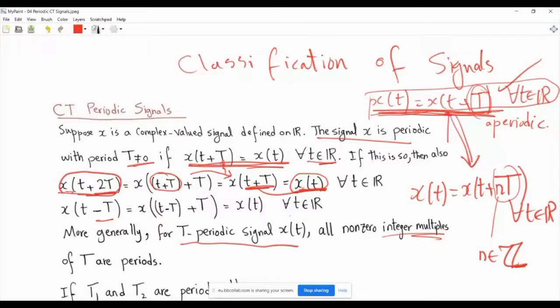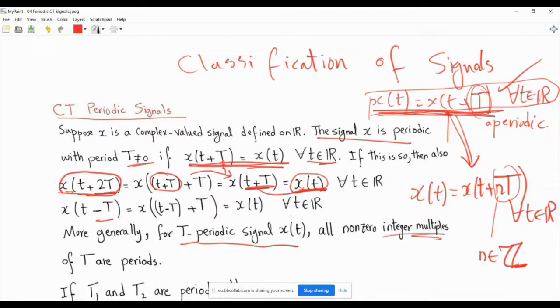Note that you may say I'm allowing the period to be expressed as a negative number. Yes, not a problem.